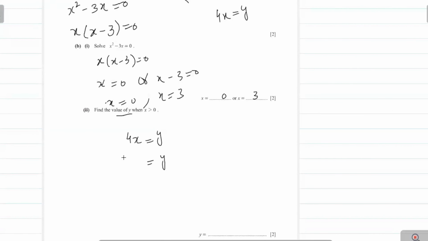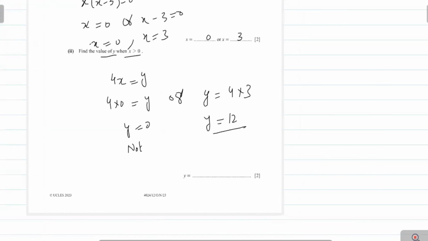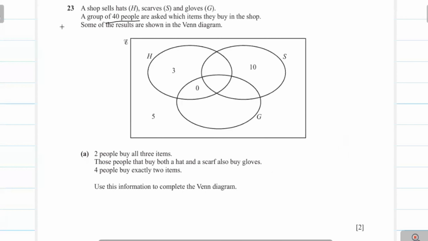Therefore, y equal to 4 into 0 or y equal to 4 into 3. Therefore, y equal to 12, and y equal to 0 is not possible because x is greater than 0. Therefore, y equal to 12 is the answer. We write here y equal to 12 is the answer.